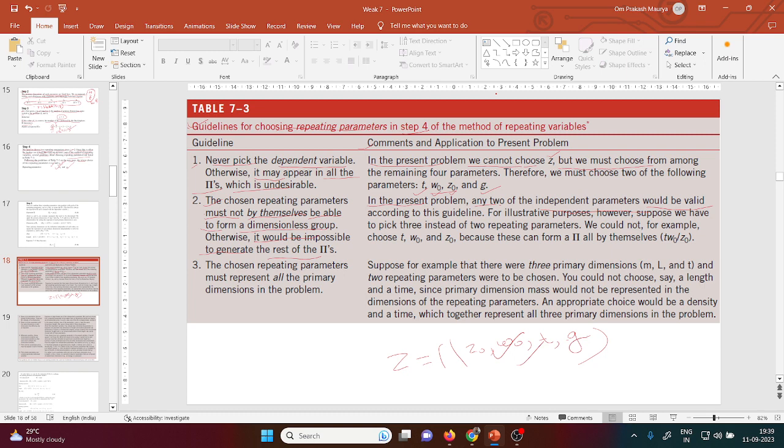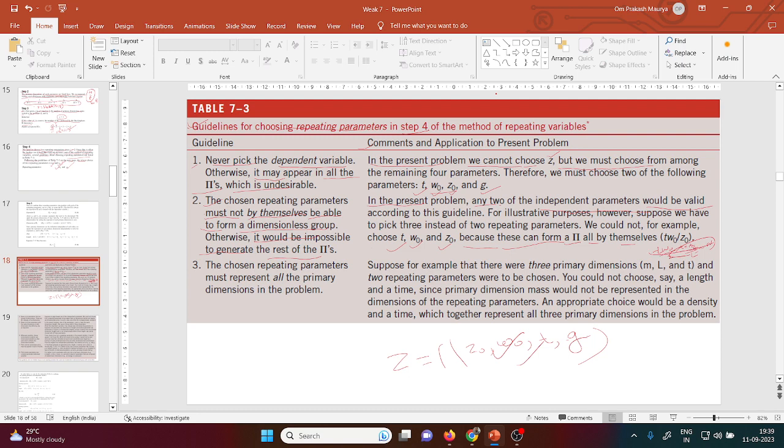We could not, for example, choose t, w naught and z naught, because these may form a pi of themselves. As you know, t is time, omega naught is meter per second, and z is length. So this makes a non-dimensional kind of thing, and you cannot choose this.